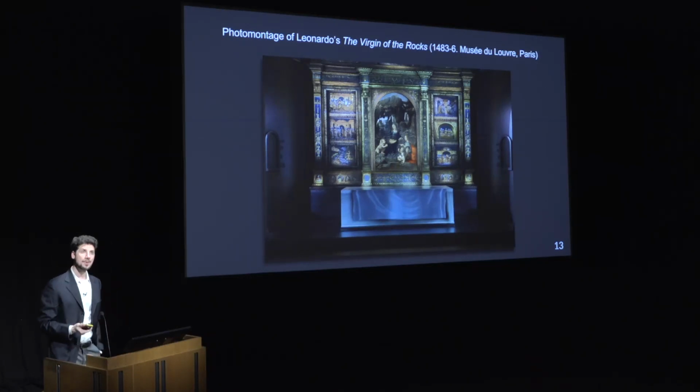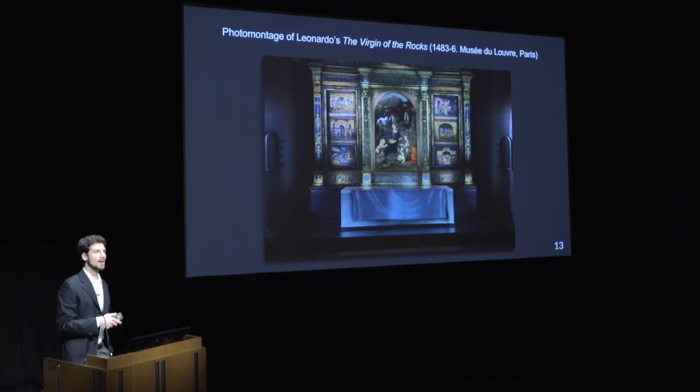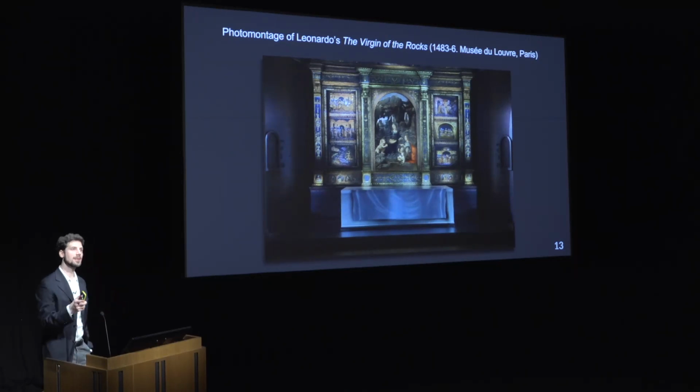We know that at some point there was a disagreement. In the contract, the confraternity and the painters, plural, agreed to be paid for the central panel later when it was finished, but the amount wasn't agreed.